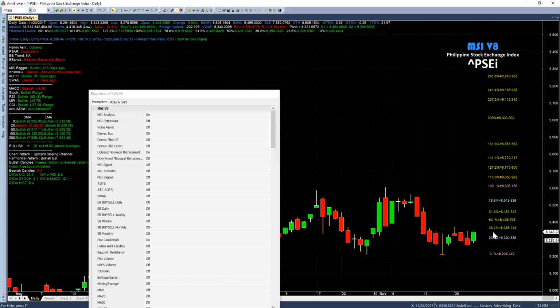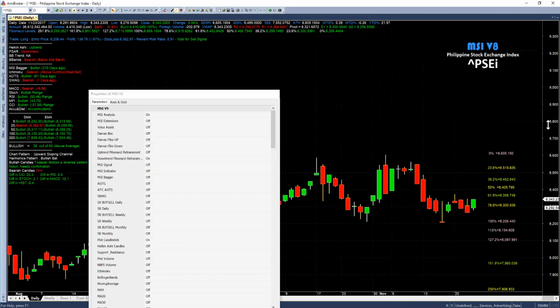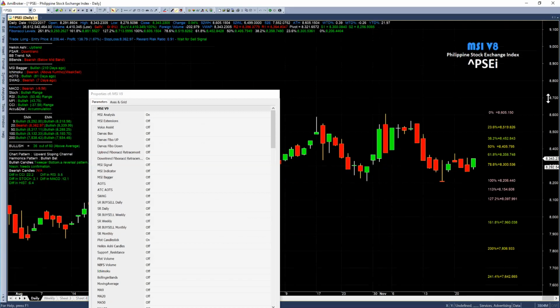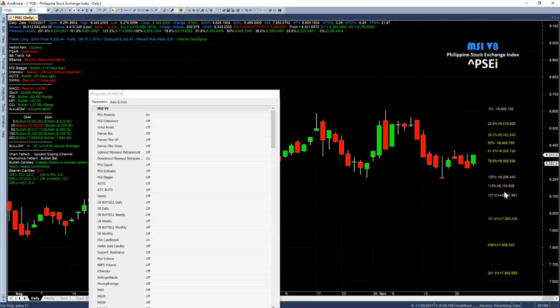So every time na nabi-breach niya or nagbe-break out siya sa every level ng Fibonacci, ibig sabihin mas lumalakas yung uptrend ng stock. Pagka naman nagbe-breakdown siya, let's see the downtrend Fibonacci levels. Pagka nagbe-breakdown naman siya dyan, ibig sabihin lalong humihina yung stock.